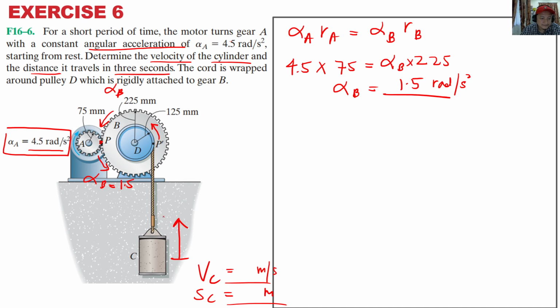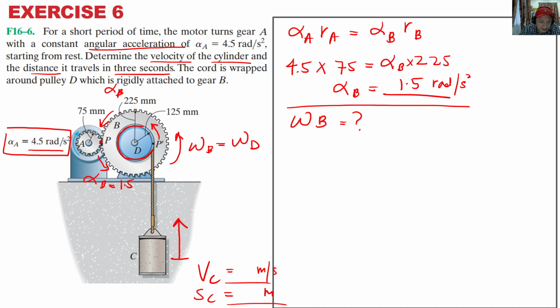So what do we need to know? We need to find out what is omega B. What is this wheel omega? And you know omega B will be equivalent to omega D, which is this small one, because they are connected to the same shaft. So how do we find out this one?